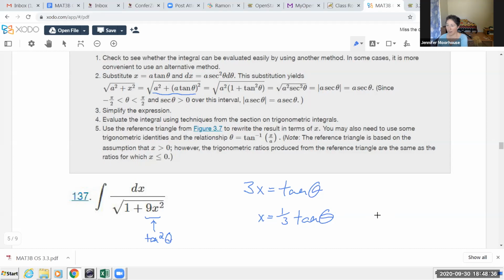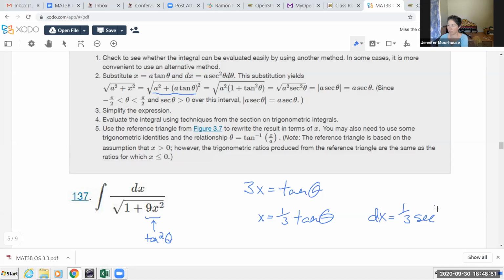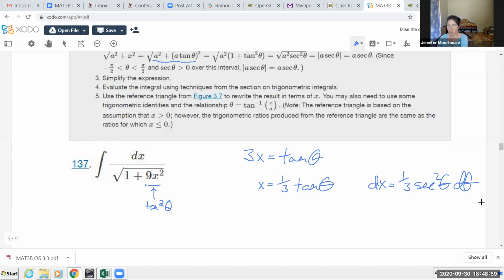And so then that means your dx is what? It'd be 1/3 secant squared theta d theta. Exactly. Excellent. And then you can make the substitution. So the square root of 1 plus tan squared is a secant squared.